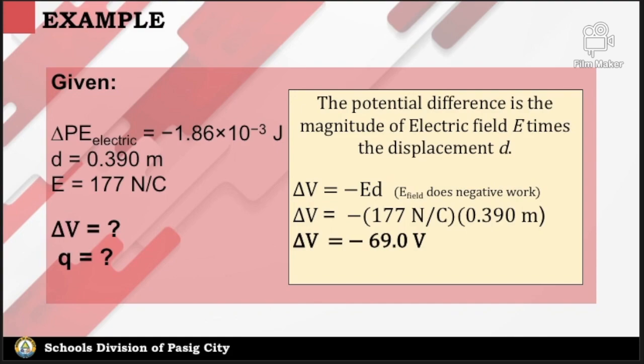If the potential difference is equal to the magnitude of electric field and the displacement, therefore we can say that the potential difference is equal to the negative electric field multiplied by displacement. Electric field does negative work. We substitute the values for electric field and the displacement. Therefore, we have the value for potential difference is equal to negative 69.0 volts.